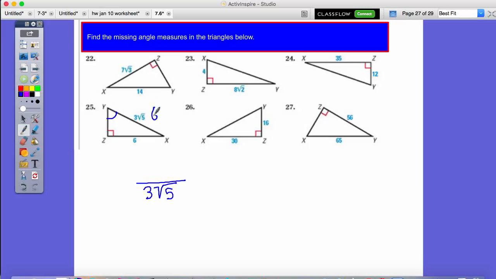So this is 6.708. So I'm going to start cheating a little bit. I'm going to use that decimal. So the leg opposite y has a measure of 6. The hypotenuse is 6.708. This is opposite over hypotenuse, so I'm dealing with the sine.